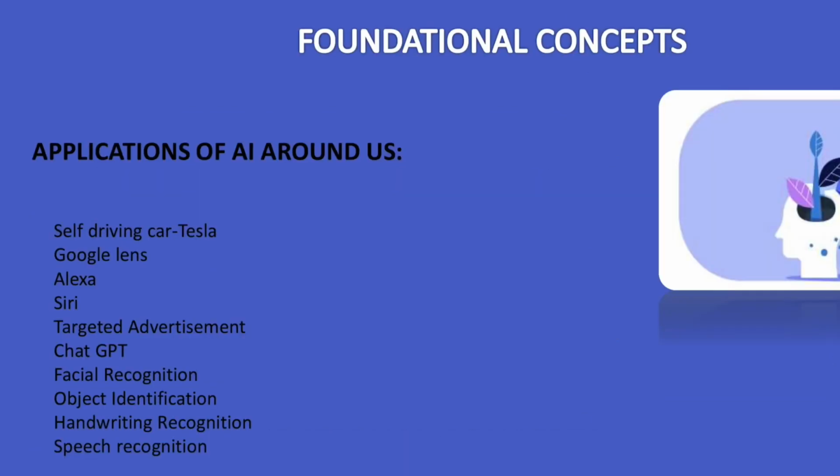Now let's see some of the AI applications around us. We are very well aware of self-driving cars like Tesla, Google Lens, Alexa, Siri, targeted advertisement, ChatGPT, facial recognition, apps based on facial recognition like phone lock, object identification, handwriting recognition, speech recognition.